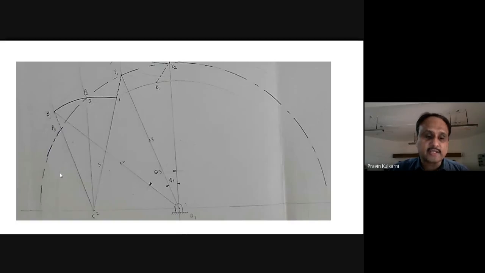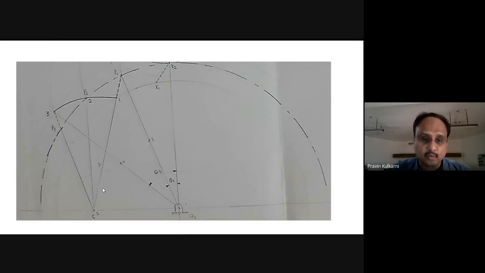We have got initially three circles: addendum circle, pitch circle and dedendum circle. Do one thing now. This faint circle will intersect the addendum circle, pitch circle and dedendum circle at three locations. So name these points 1, 2, 3.